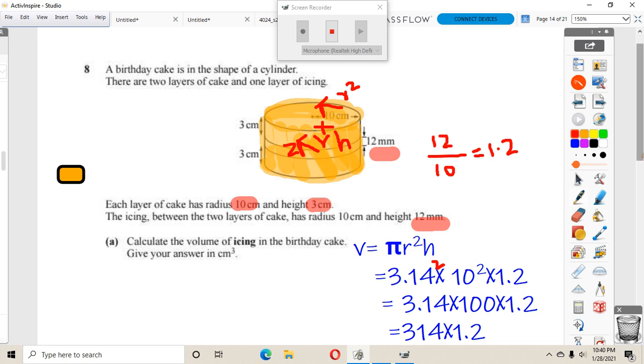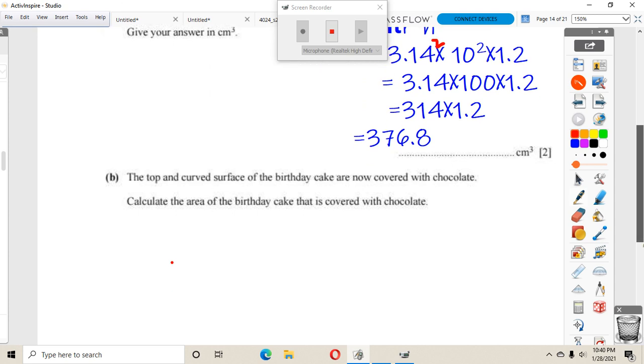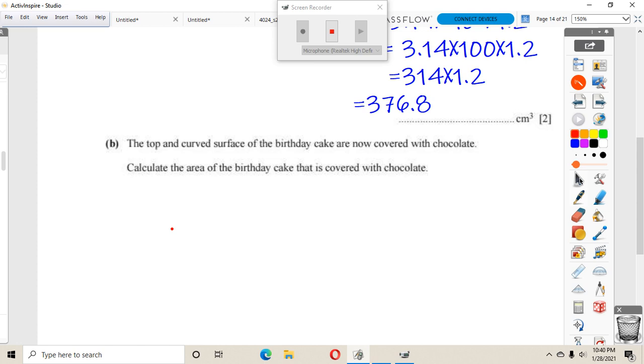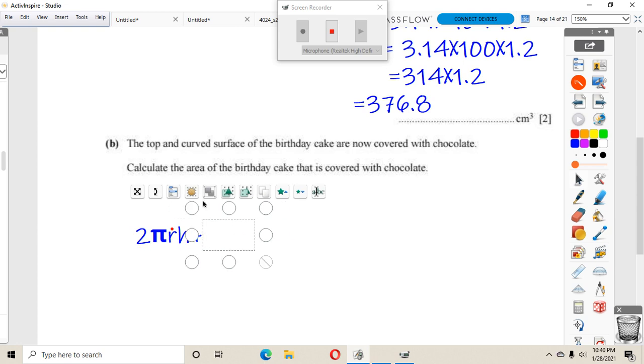We write the formula over here: 2 pi r h plus pi r square, the covered curved surface area and then the top.